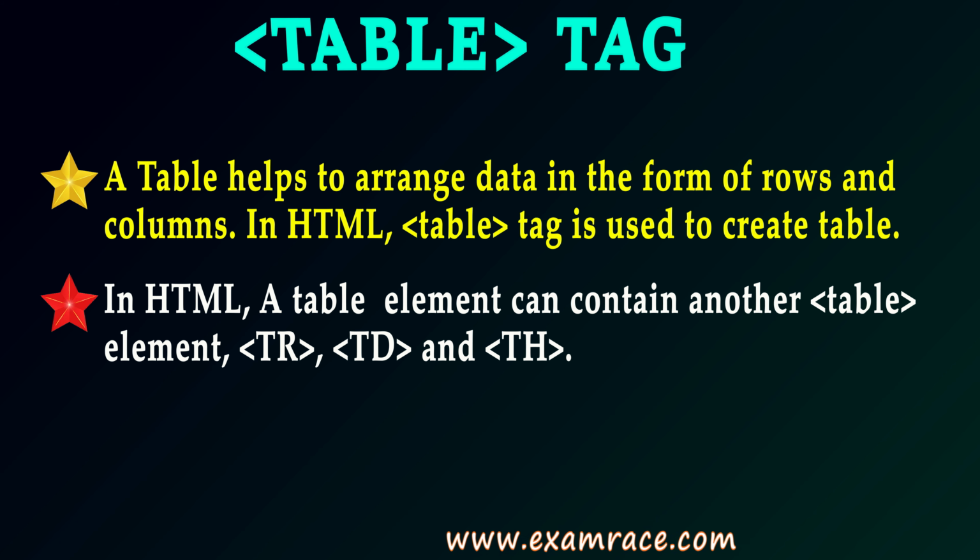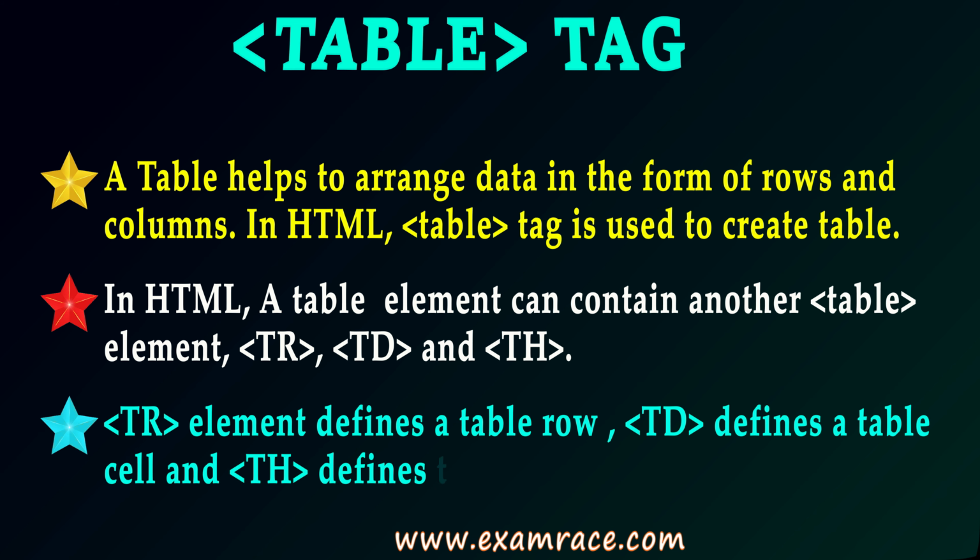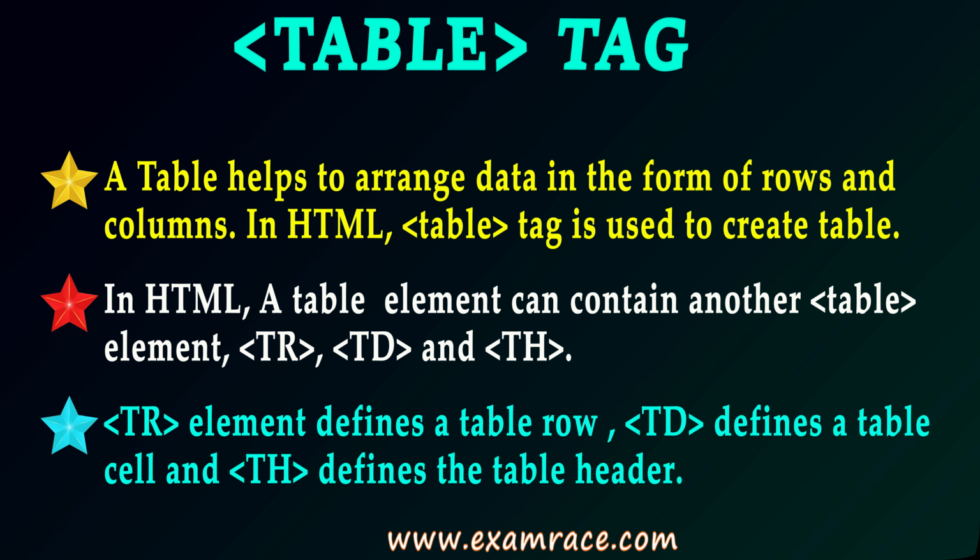So how to use it? As the main tag, we need to use the table tag, and it is a paired tag, so we will have an opening and closing tag. Then under the table tag we will have tr, that is table row, then td, that is table data.